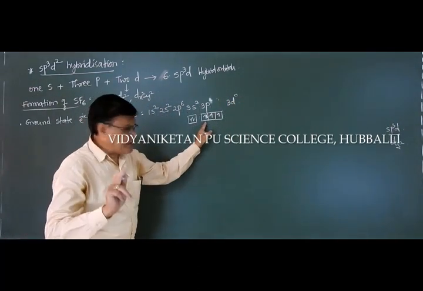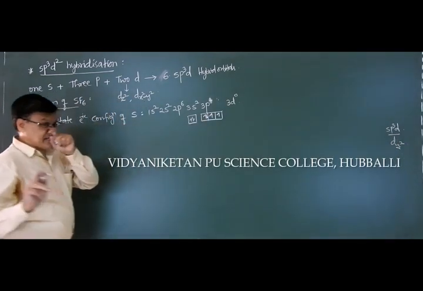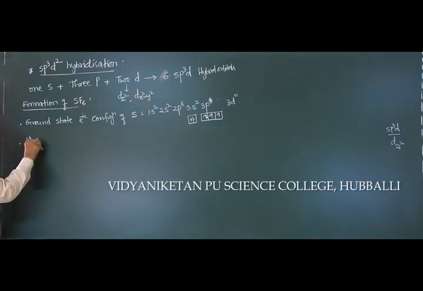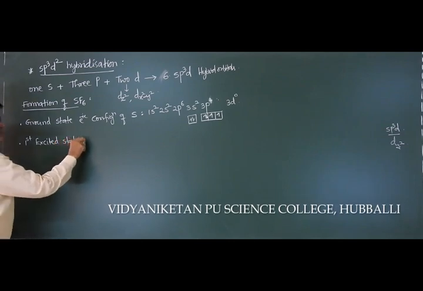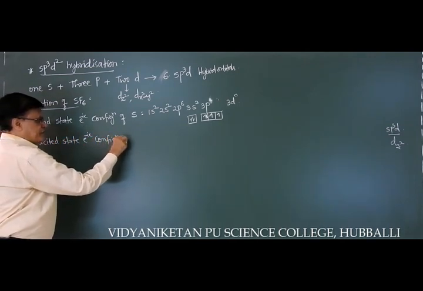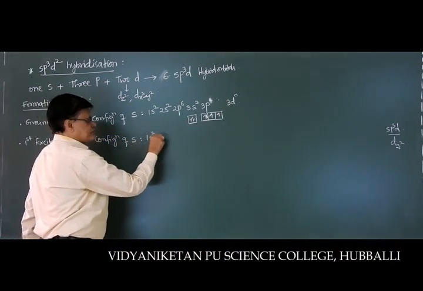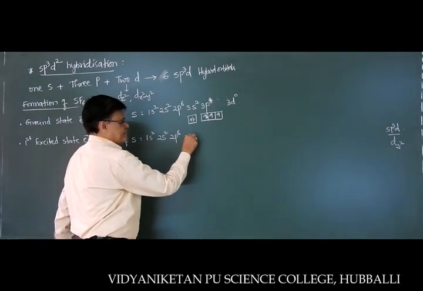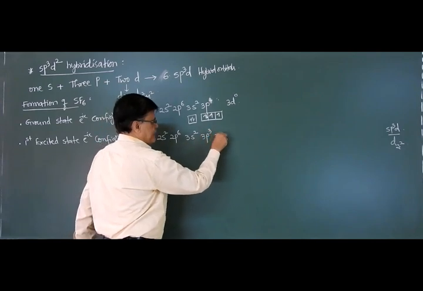Now we will promote one electron. First we have to promote an electron from the 3p orbital to the 3d orbital. First excited state, electronic configuration of sulfur: 1s2, 2s2, 2p6, 3s2, 3p3, 3d1.